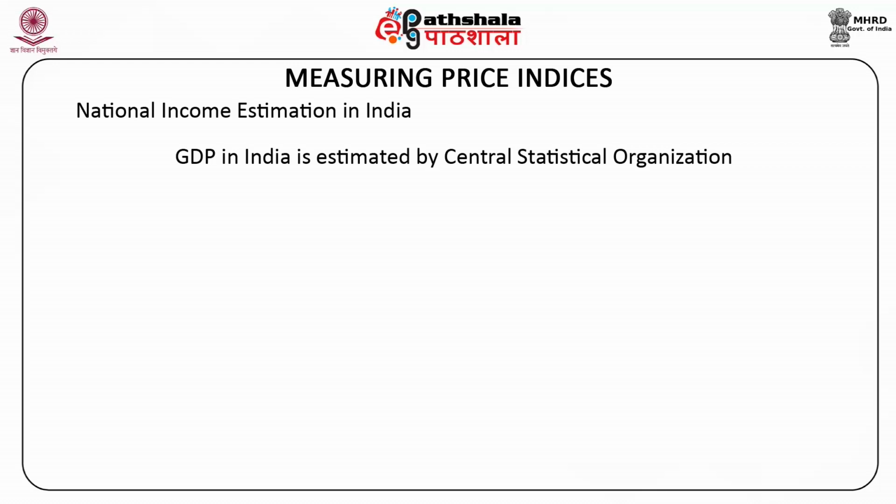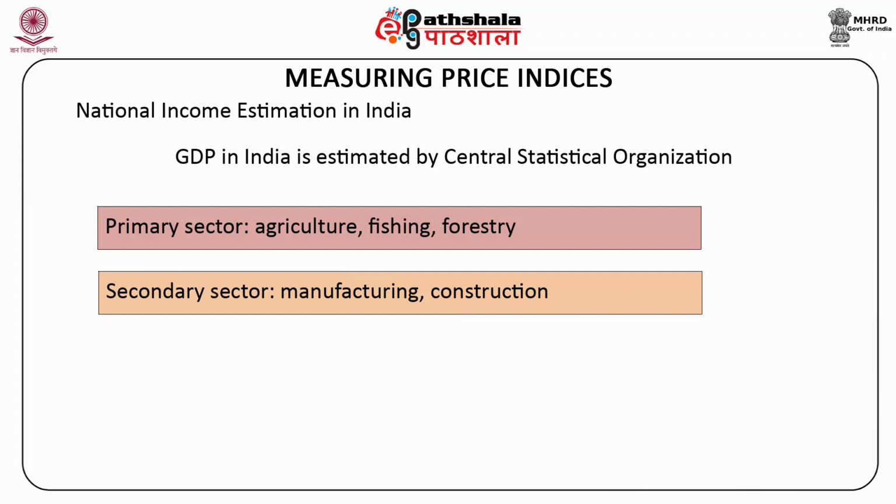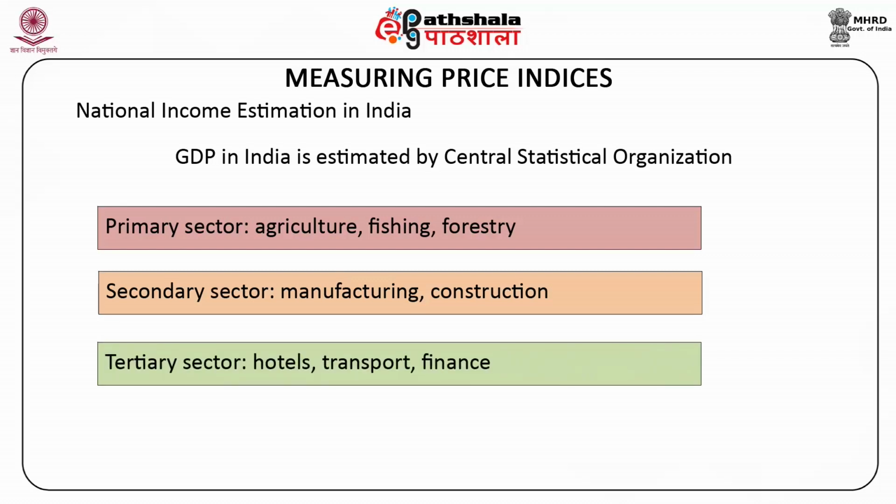It classifies economic activities into first, primary sector consisting of agriculture, animal husbandry, forestry, fishing, mining, etc. Second, secondary sector consisting of manufacturing, electricity, gas and water supply, construction, etc. And tertiary sector consisting of trade, hotels, transport, communication, finance, personal services, etc. The CSO provides estimates of GDP quarterly at both current as well as constant prices.